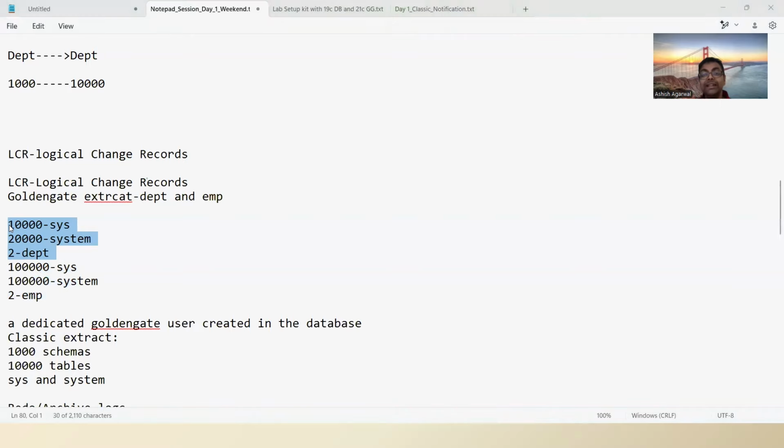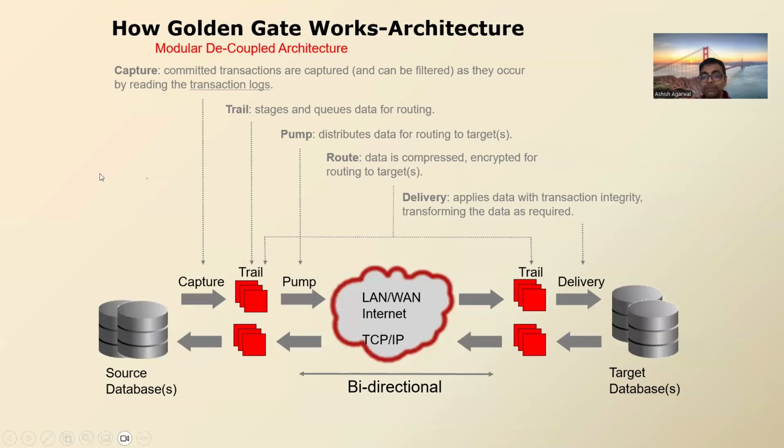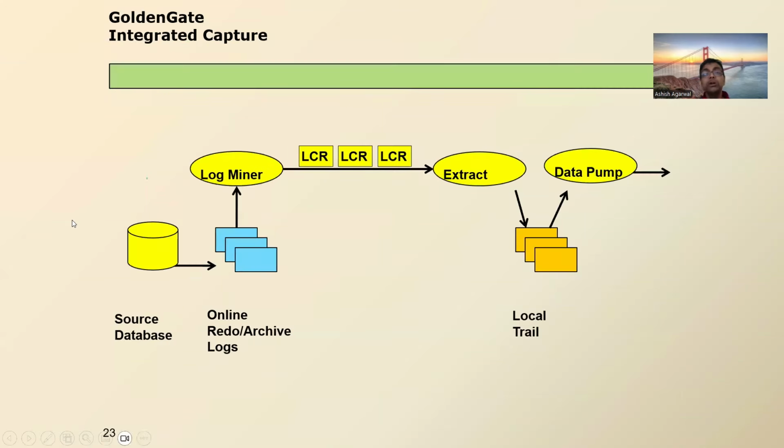However, in integrated extract, LogMiner is a utility which is internal to the database, and it has all the changes which are required for the extract process. Whatever task was done by the extract process earlier, LogMiner will do that task. And because LogMiner is internal to the database, it does it more quickly and faster in comparison to classic extract.